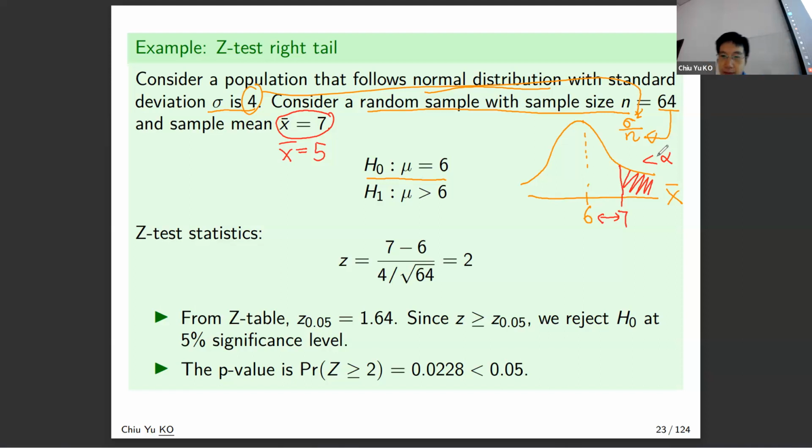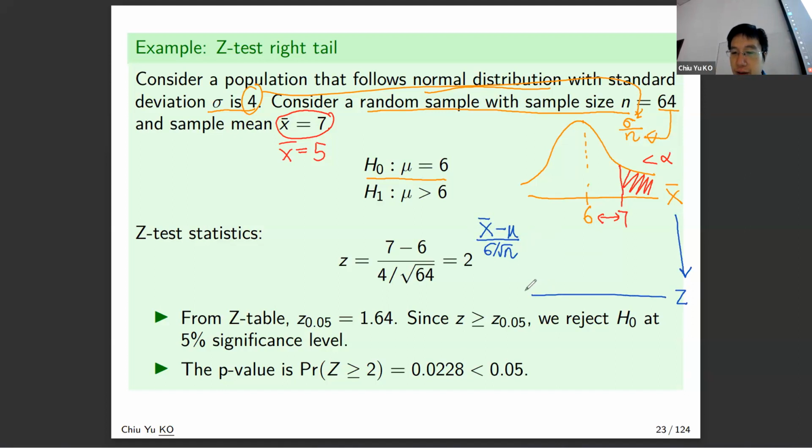The simplest thing we do is to convert it to Z. Always you just subtract the mu, over the standard deviation, which is sigma over root n. That's how you convert it.